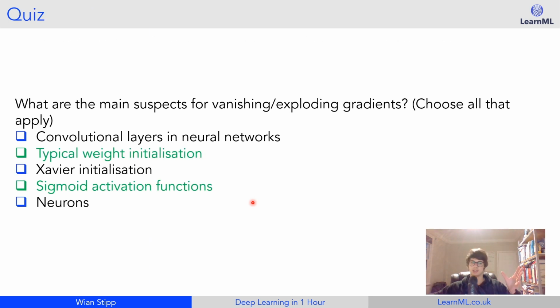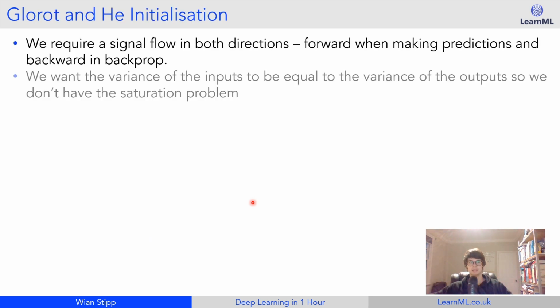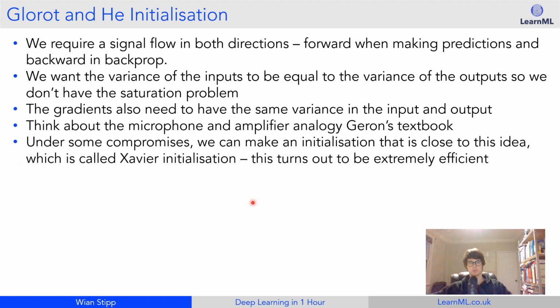And also the weights initialization. We'll talk about that in a second. So one way to solve this is with this Glorot and He, sorry, I'm probably butchering that, initialization. What this does is it ensures that there's equal variance across the neurons, or the weights in the neurons across the layers.